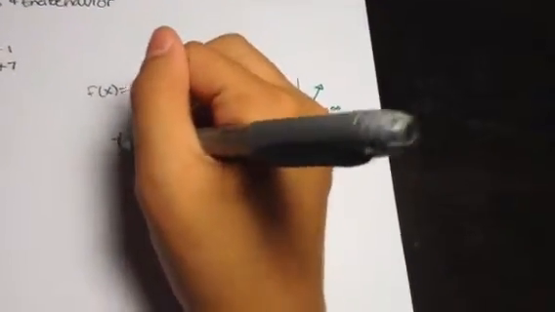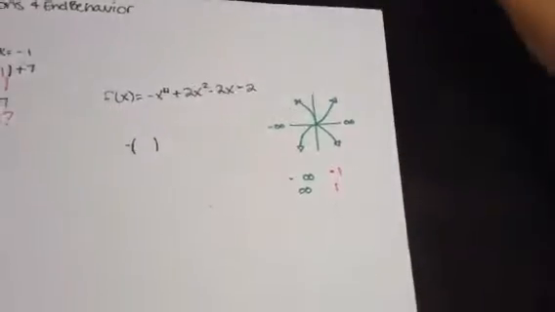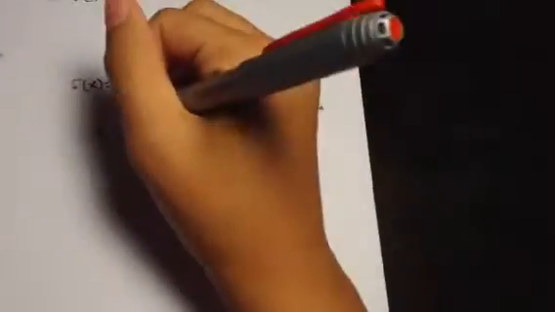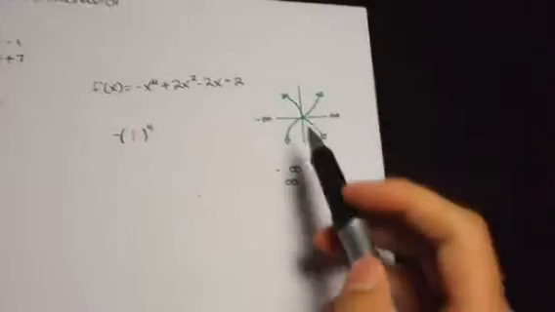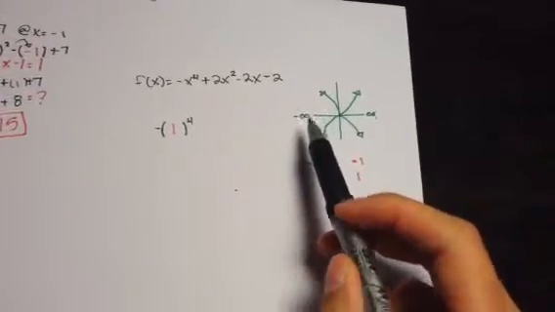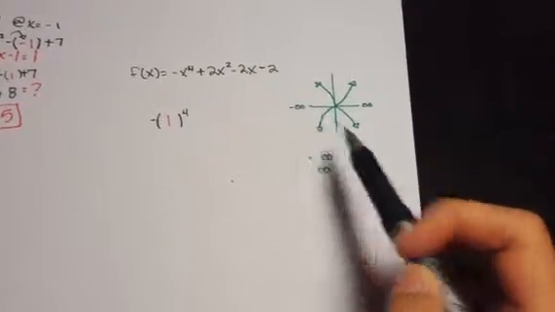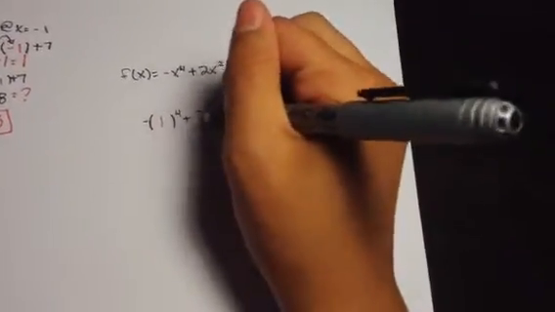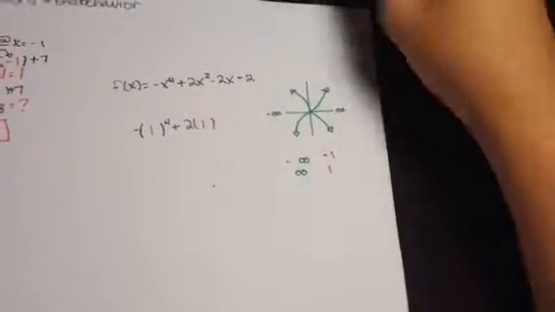We plug in 1 for all of our x's, because we're describing how x works. Once we plug all those in, we just have to solve, and that'll be our answer.